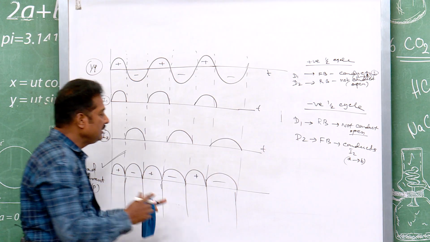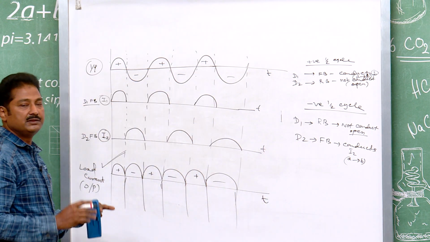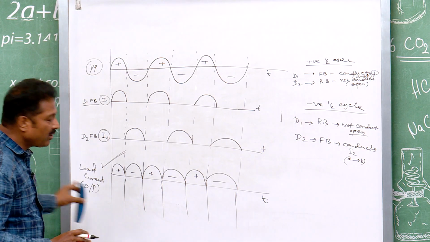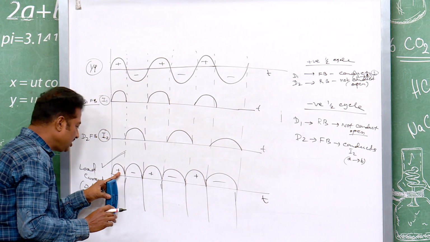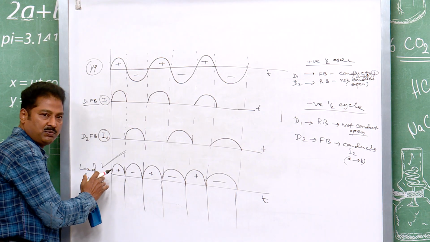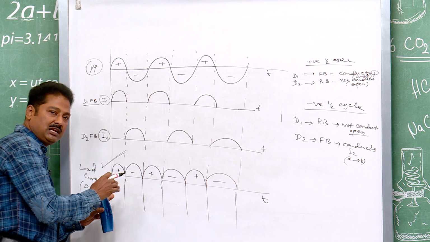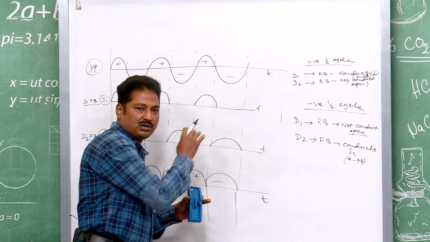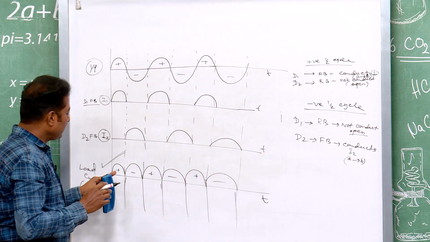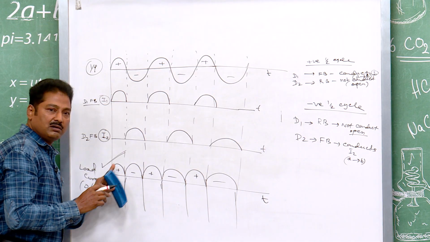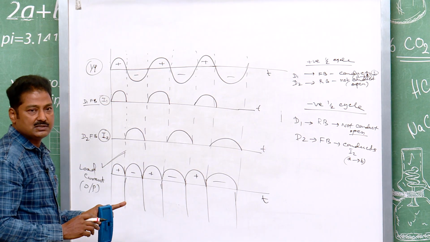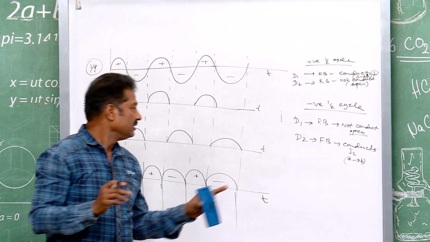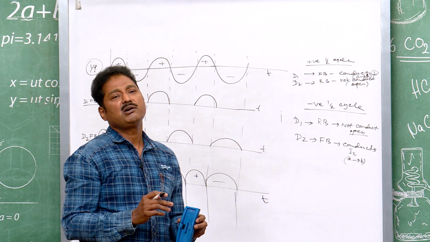The full wave rectifier circuit is active throughout the wave. For the positive half wave, it is active, meaning the current is flowing. For the negative half wave, it is active, and moreover, what is the different thing in comparison to the half wave rectifier? Now, in all half wave cycles, the output is always in the same direction, that is from A to B. So, what was our definition?